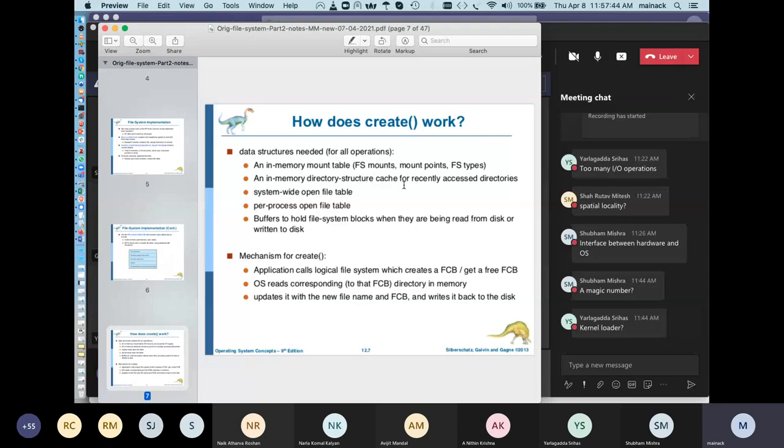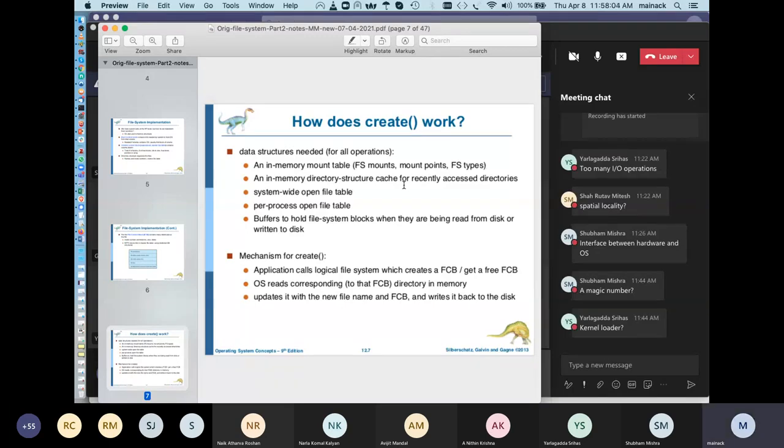Remember, if you have too many files, it takes too much time to look into all files in the directory because it is not cached. But when you access that directory again and again, it becomes faster.